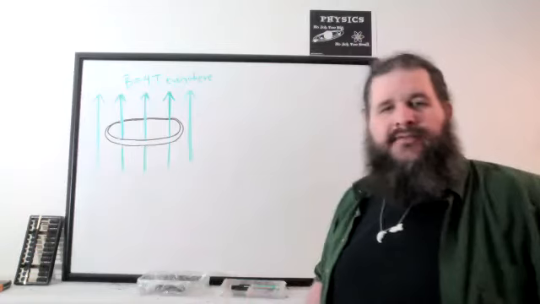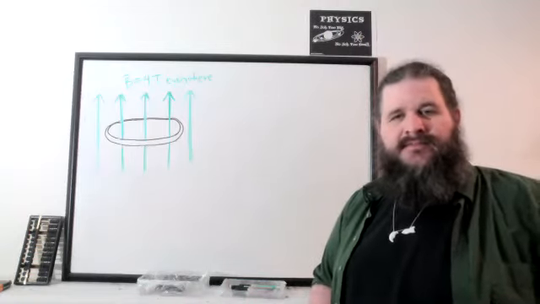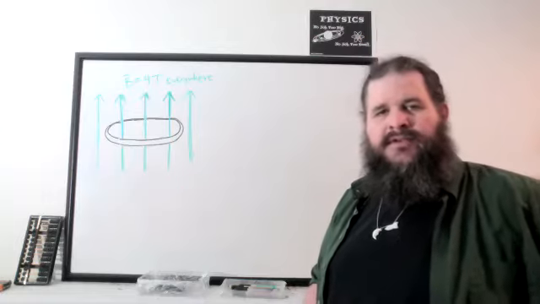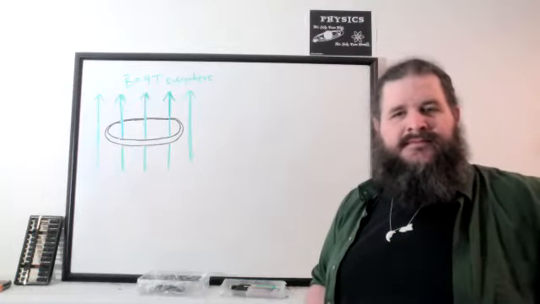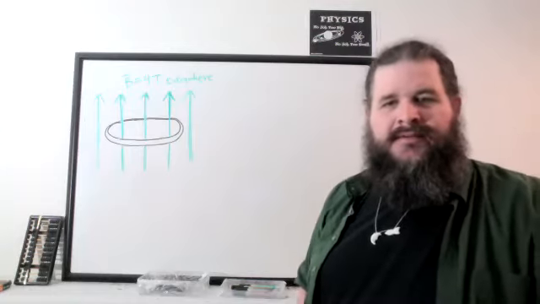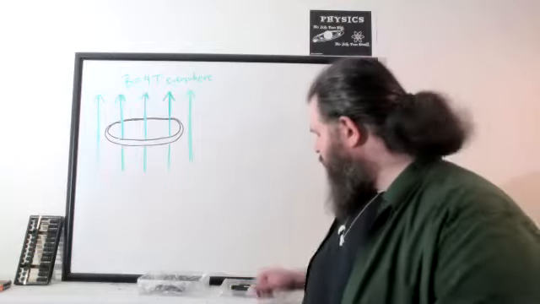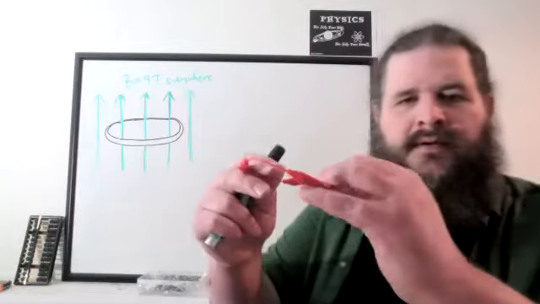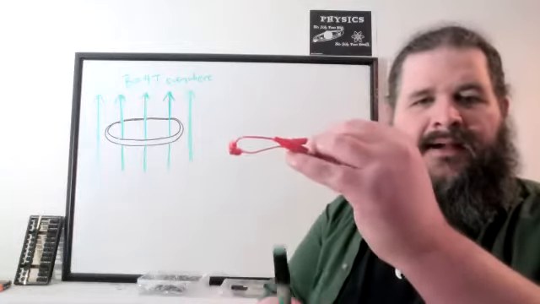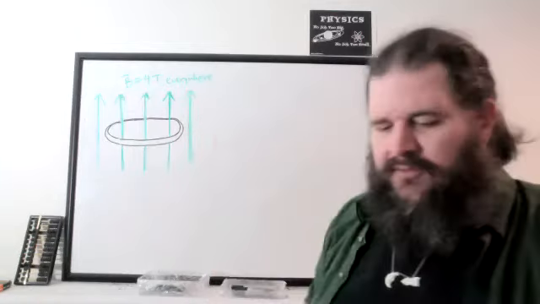Is there currently flux involved here? Does there exist flux? No flux at all? Do we have field lines passing through the interior of this loop? Yeah, there is flux. If you've got this loop held horizontally and the magnetic field straight up, the magnetic field is definitely passing through the interior of the loop.